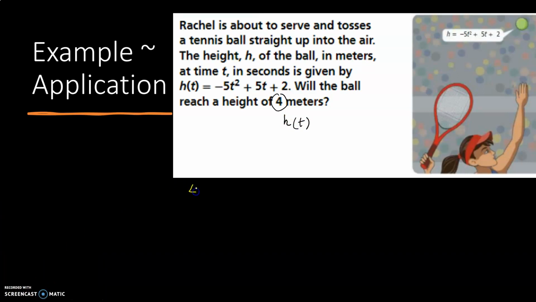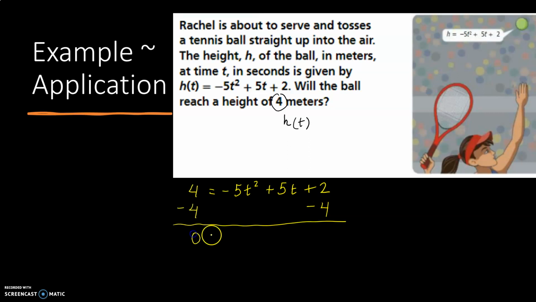So we're going to write 4 equals negative 5t squared plus 5t plus 2. And we can't do the discriminant unless we have an equation that is equal to 0. So we need to make sure that we move this 4 over to the other side of the equal sign before we start.